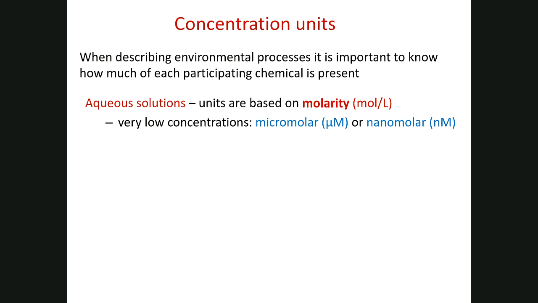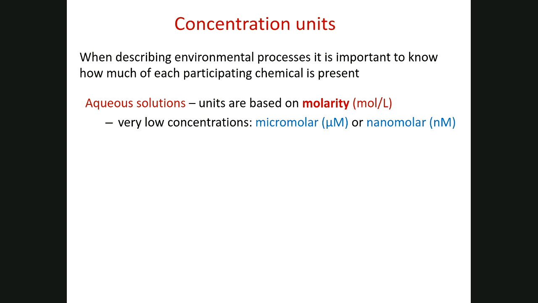In aqueous solution, you probably are familiar with the concept of molarity, moles per liter, and that's a very popular concentration unit in chemistry. Because we are working with very low concentrations, the chemical might be very toxic, but it's typically found in small quantities.